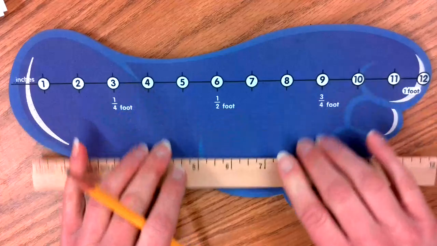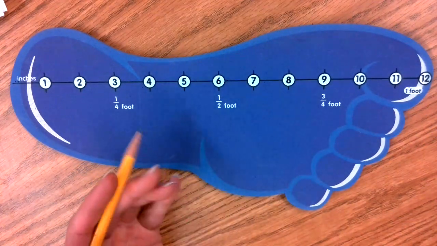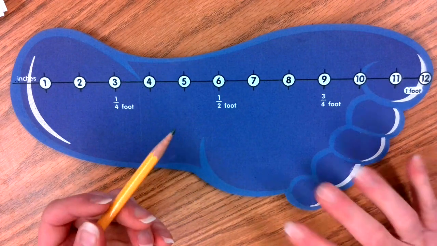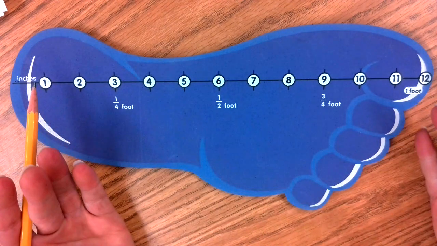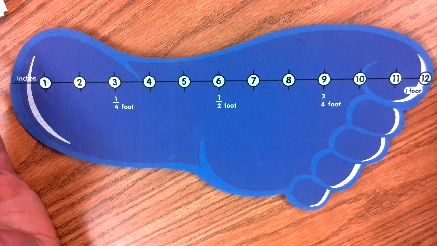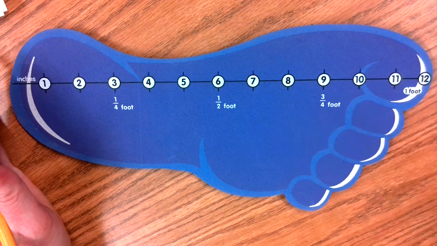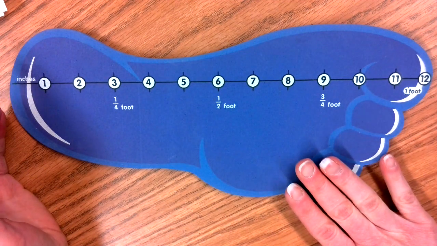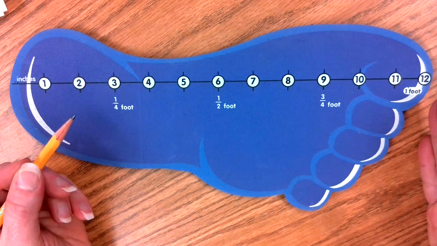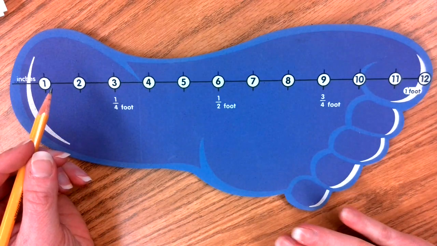So there are 12 inches in 1 foot. So how many inches would there be in 2 feet if I line up 2 feet end to end? Well, then I need to think 12 plus 12 is 24. So 2 feet is 24 inches.